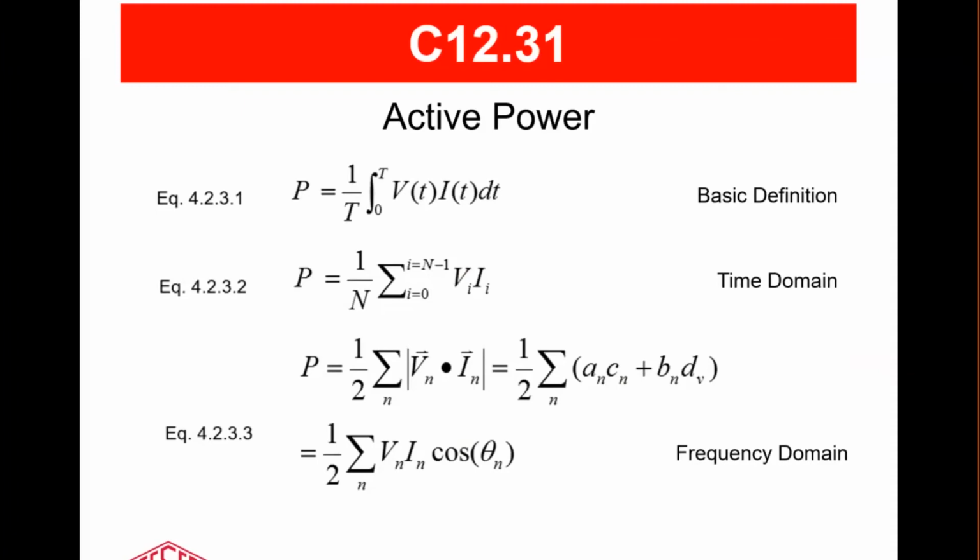Or in the world of frequency domain, we're basically taking the dot product of the voltage and the current, summing over the Fourier coefficients, or in perhaps a more familiar notation for some of you, summing the RMS voltage times the RMS current times the cosine of the angle between them for each individual harmonic.